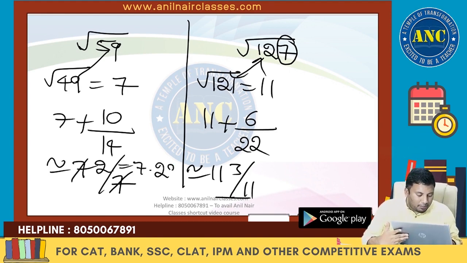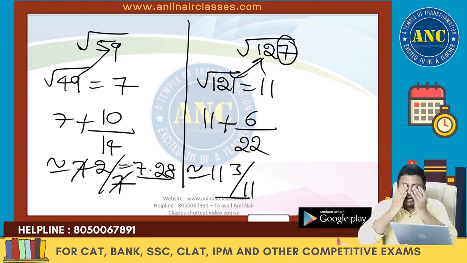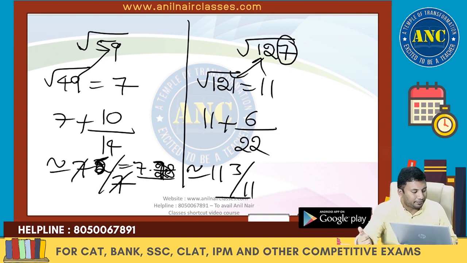Approximately 7.28. What is 72? 7 2s are 14. 7.28. I hope it is clear. Any doubt? Any doubts? 5 by 7, sir. 7 5 by 7. This is 7.7. It is 5 by 7.